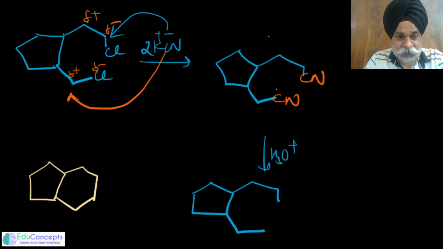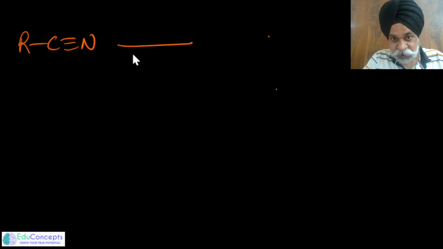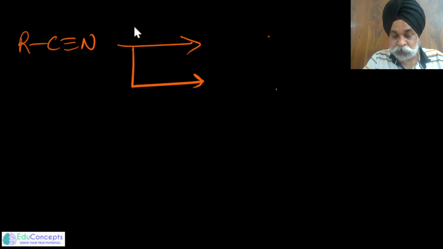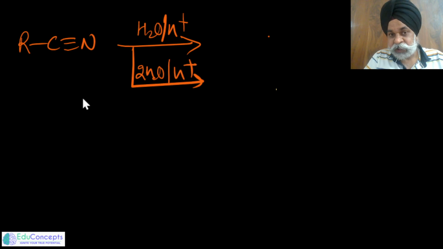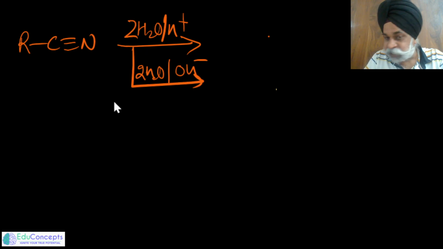Now all of you might be knowing it, the mechanistic viewpoint we will do some other day. Unlike isocyanates, cyanides can undergo both acidic and basic hydrolysis. We have already discussed in this video that cyanides would undergo acidic as well as basic hydrolysis, and they can go partial hydrolysis and complete hydrolysis.